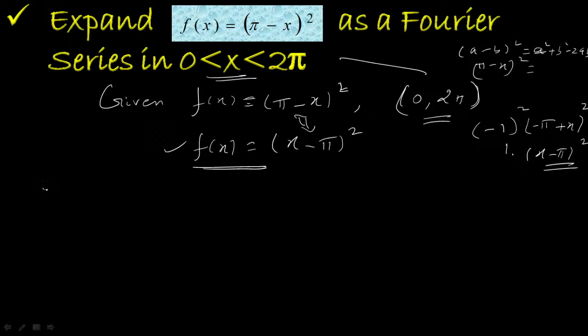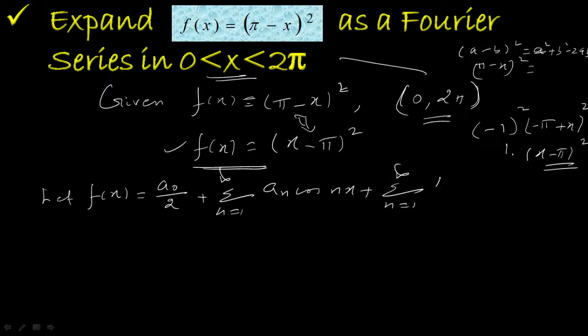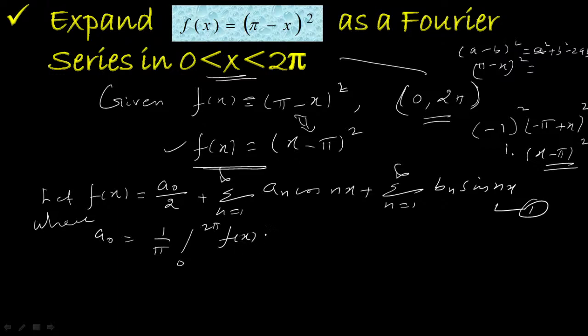Now, as usual, let me first write down the general form of Fourier series. That is f of x is equal to a0 by 2 plus sigma n equal to 1 to infinity an cos nx plus sigma n equal to 1 to infinity bn sin nx. Take this as equation number 1, where we make use of 3 formulas. That is a0 is equal to 1 by pi integral 0 to 2 pi f of x dx.